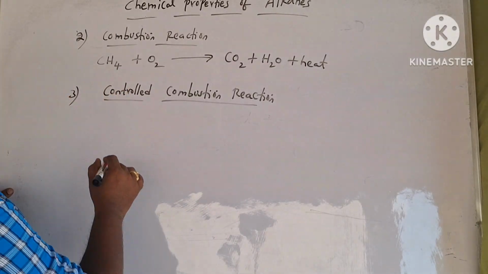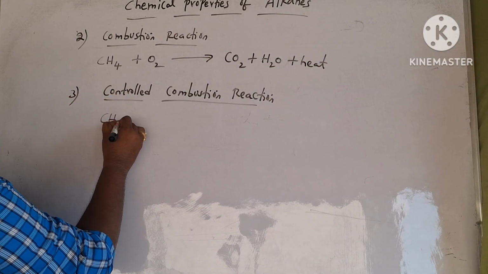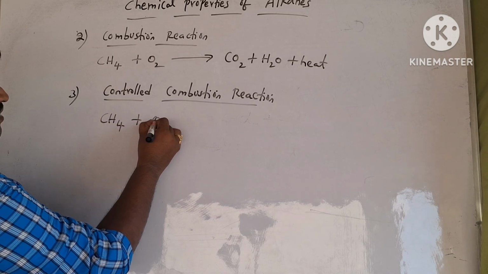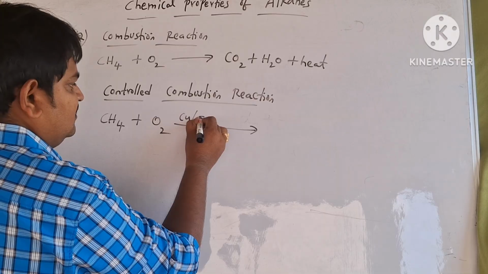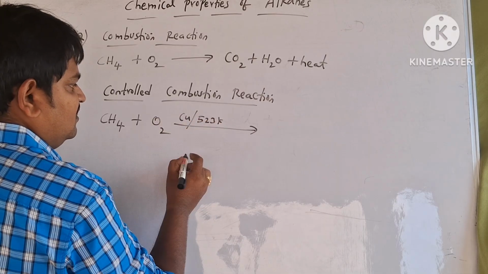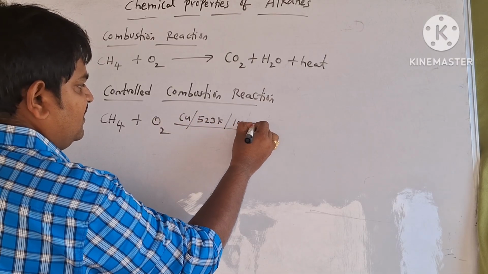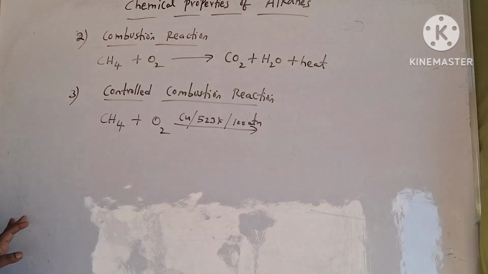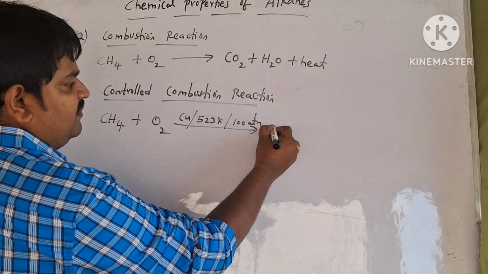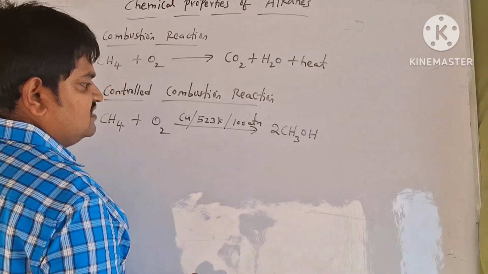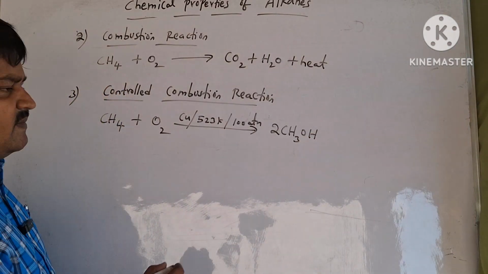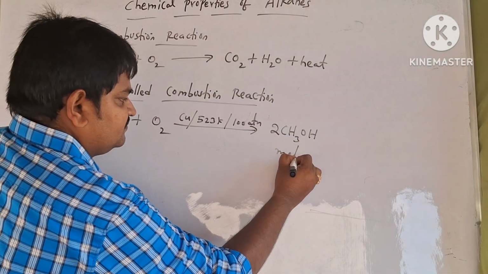I will take the example of CH4 reacting with oxygen. Here the catalyst is copper. The temperature is 523 Kelvin and it has a pressure of 100 atmospheres. They will prepare the corresponding 2 moles of CH3OH. It is named methanol.